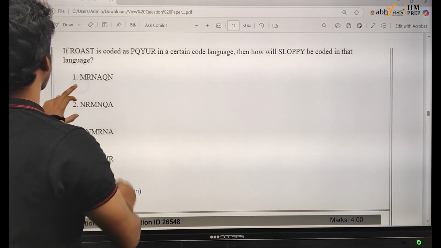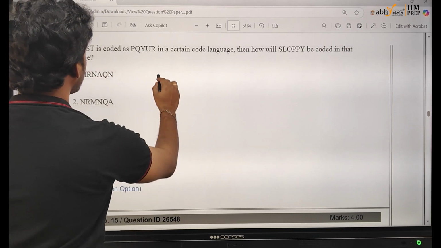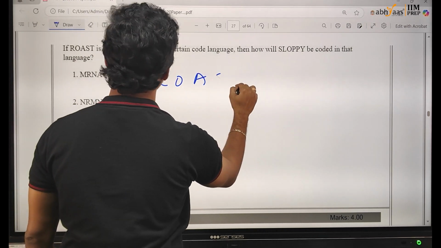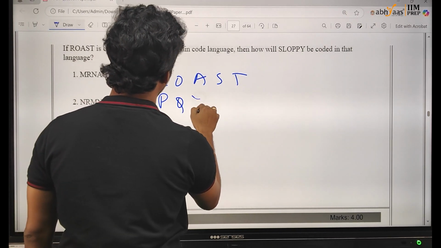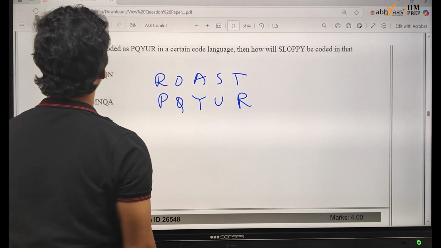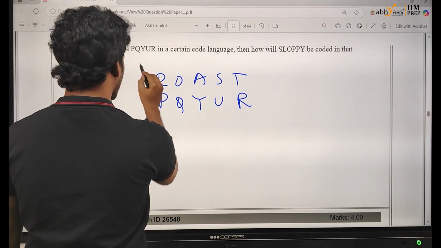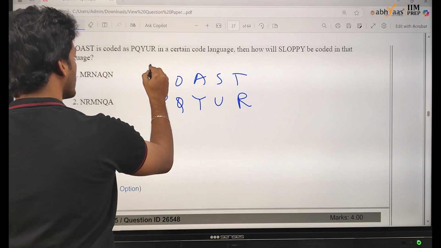And coming to this, roast is coded as P, Q, Y, U, R. Okay, so if you can try with numbers, you can try.